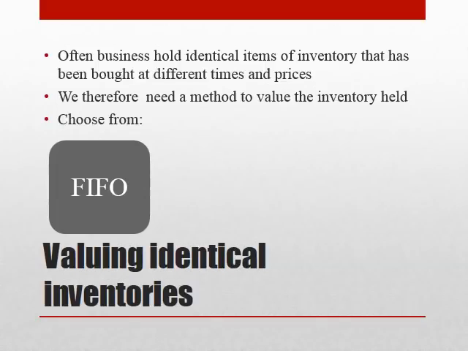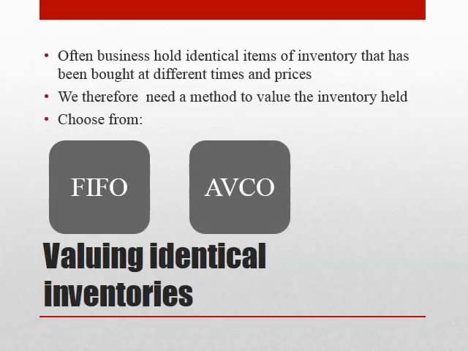So we're using the latest cost prices when valuing that stock. We can also use AVCO if we wish. AVCO takes a weighted average of the prices paid for the stock that we hold in inventory.